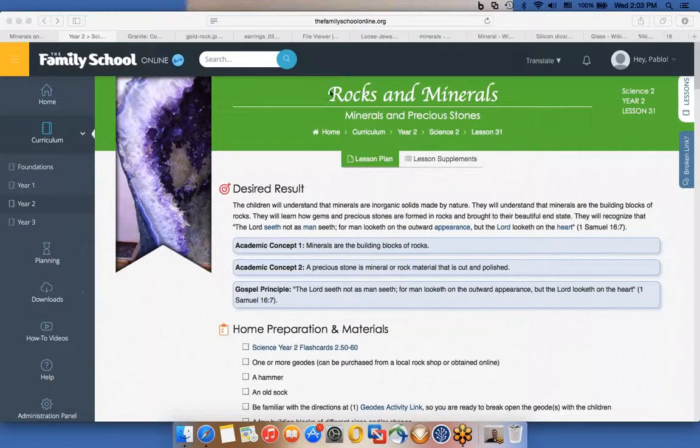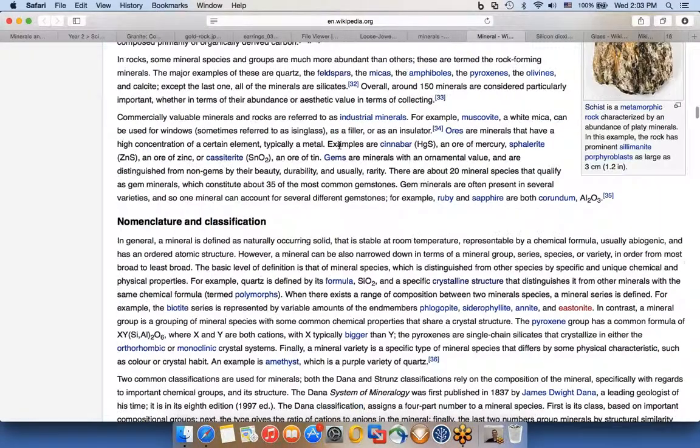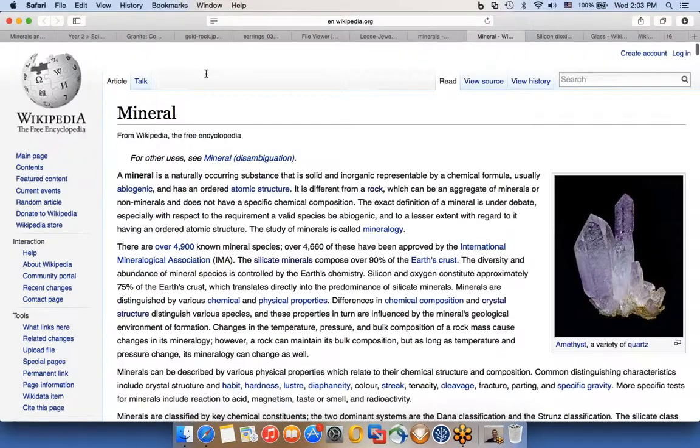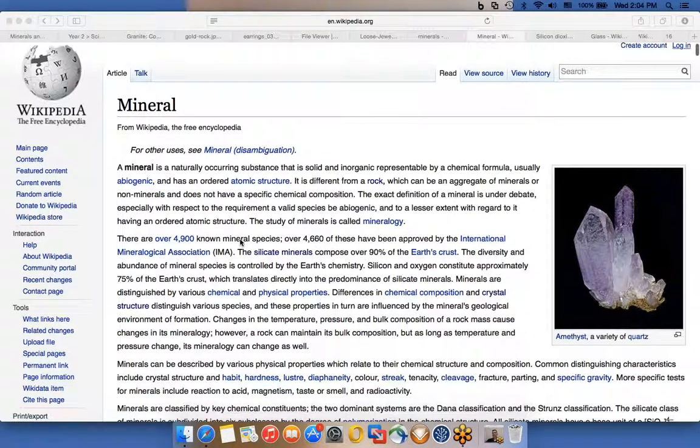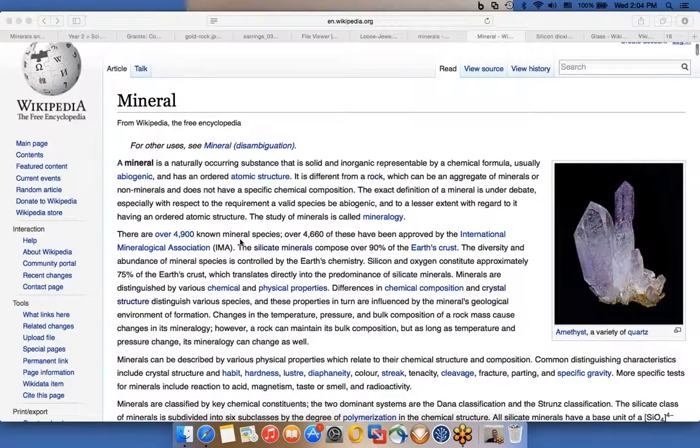But actually, when we look at the definition of minerals, I have here a link to the Wikipedia article for minerals. It gives us some very interesting information about the minerals.